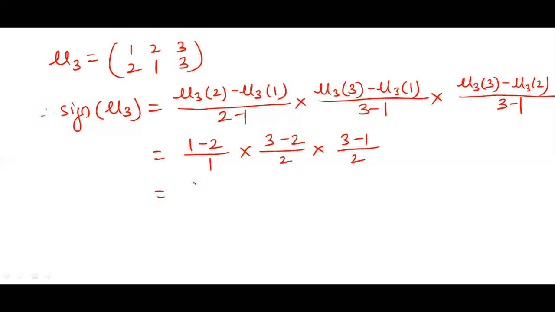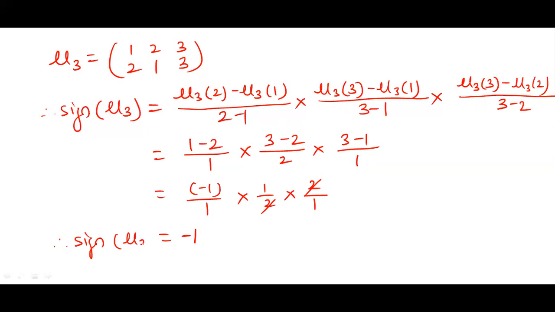So it is equal to minus 1 by 1 into 1 by 2 into, here we have 3 minus 2, 3 minus 2 is 1. Okay. 2 by 1. This 2 will cancel with this 2 and remains minus 1 one time. So signature of mu3 is 1.